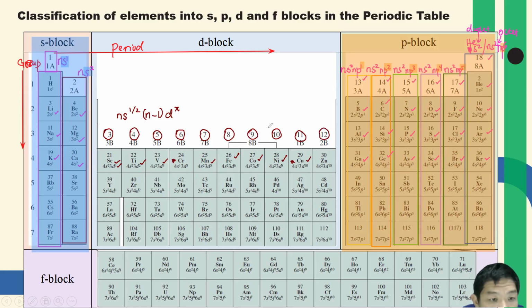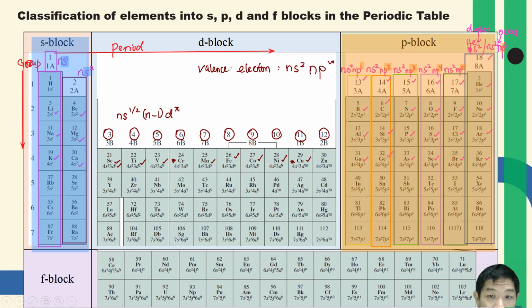So basically, the classification of the elements depends on their valence electrons. Be careful with the terms that we use here. If we say valence electrons, we express them as ns2 np something, depending on what you have.